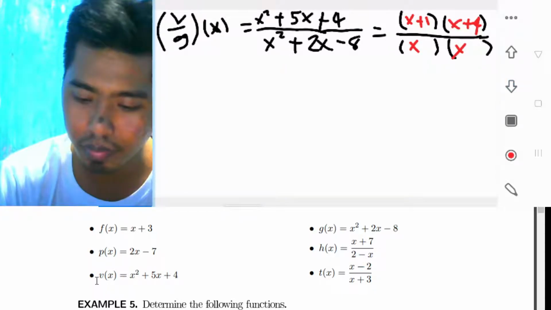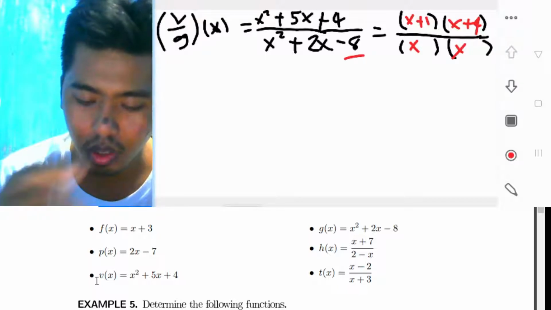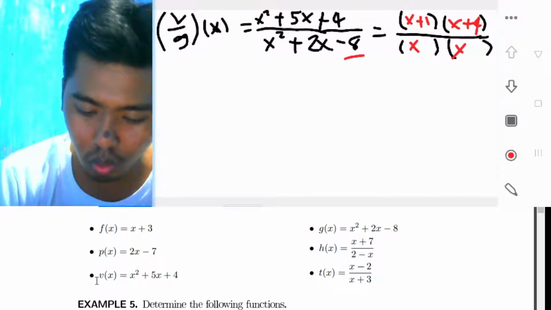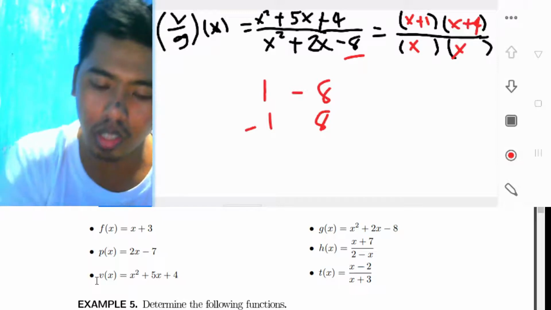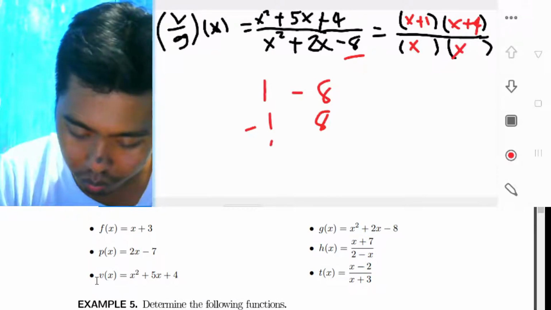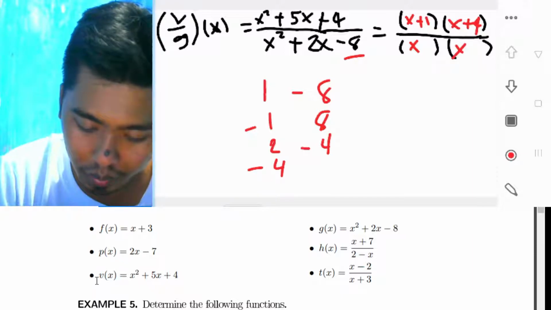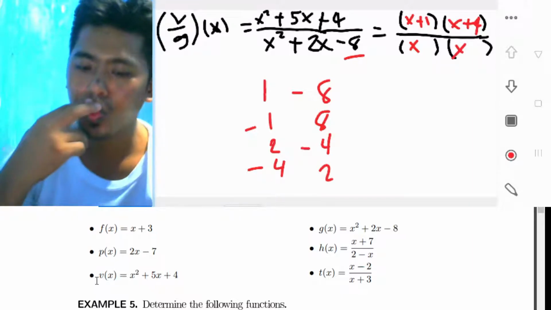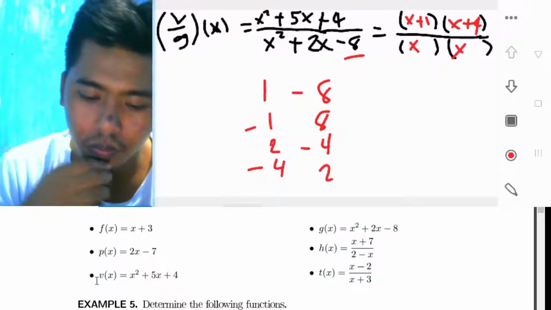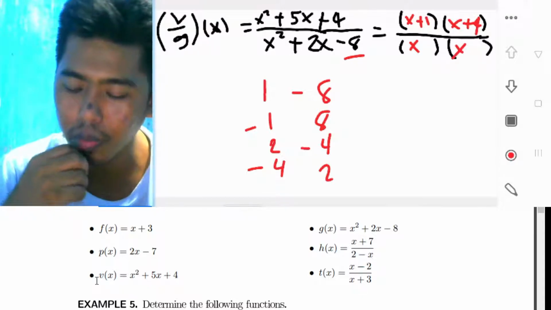And after that, for the third term, we can use 1 and negative 8, negative 1 and positive 8, 2 and negative 4, negative 4 and positive 2. What else?